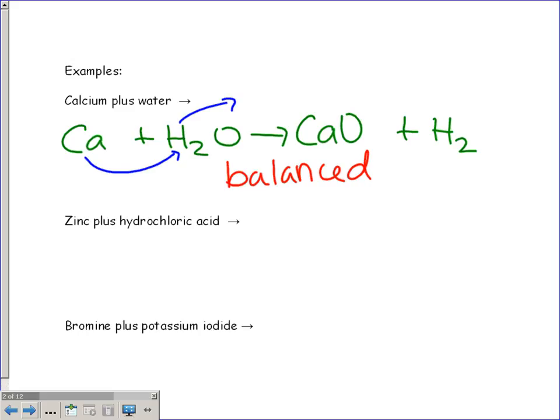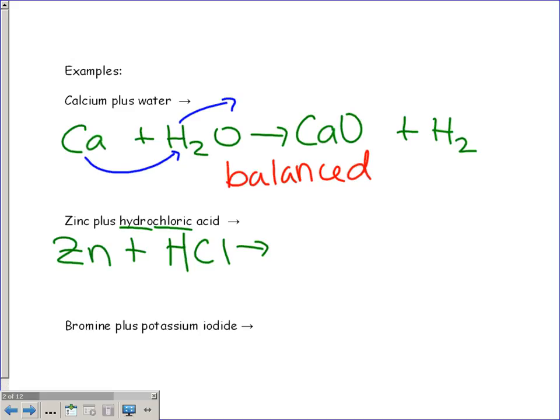So zinc plus hydrochloric acid. Zinc's chemical symbol is Zn, plus hydrochloric acid. Hydro means it's a binary acid, so it's only H and another element. Chloric means that other element is chlorine, so HCl. So what I need to determine from my activity series of metals is if zinc will replace hydrogen.